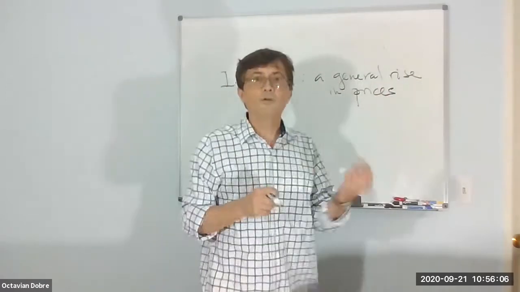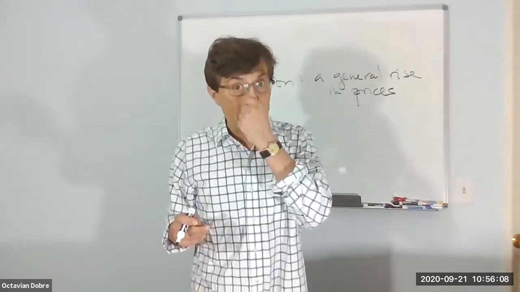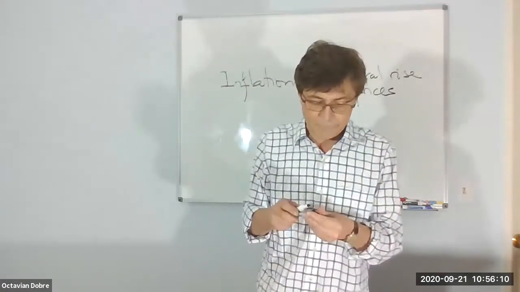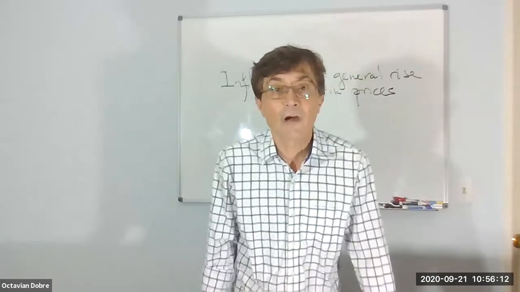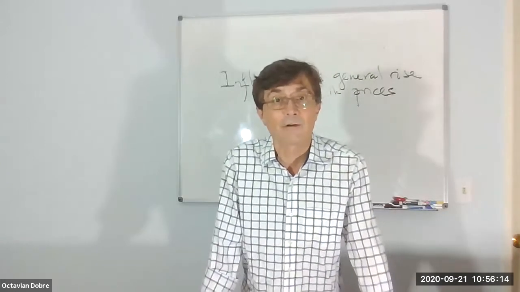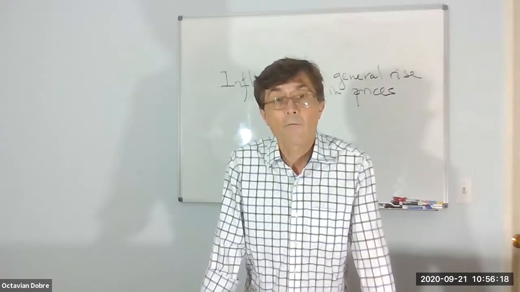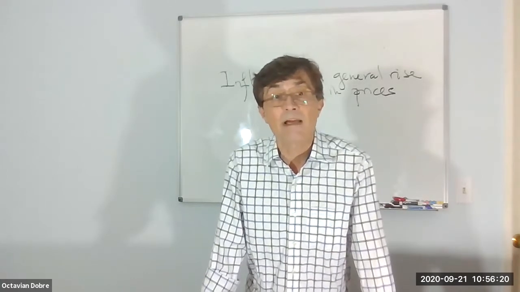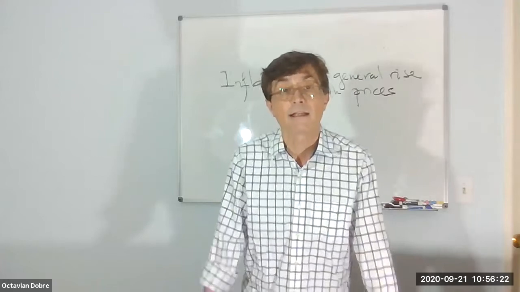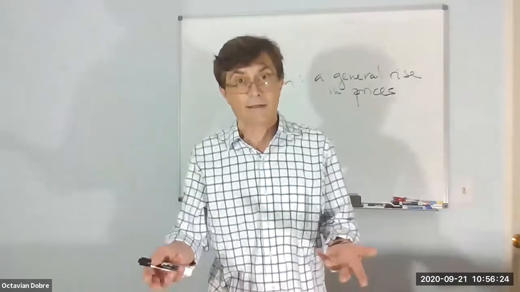And how do we calculate this general rise in prices? Well, guess what, folks? To calculate inflation, the government creates a huge basket of goods. What we're going to do is create a CPI, a consumer price index. So you need a price index, okay?